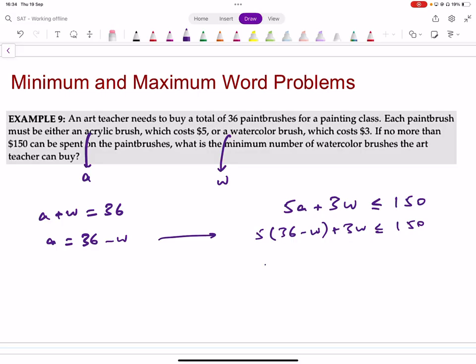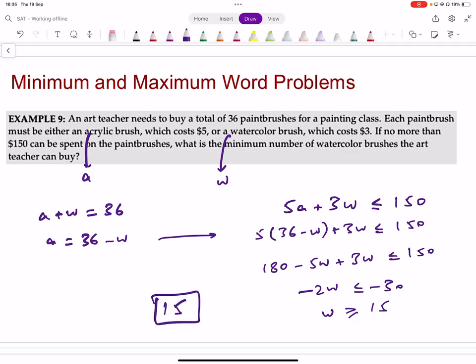Simplify this and you get 180 minus 5W plus 3W is less than or equal to 150. Minus 2W is less than or equal to minus 30. W is greater than or equal to 15. So what's the minimum number that we're looking for? 15. The number of watercolor brushes has to be greater than or equal to 15.